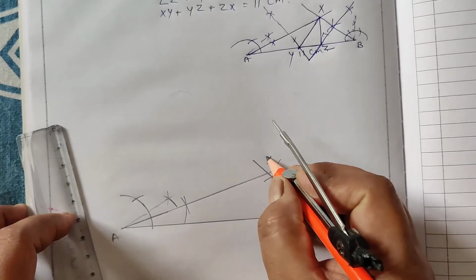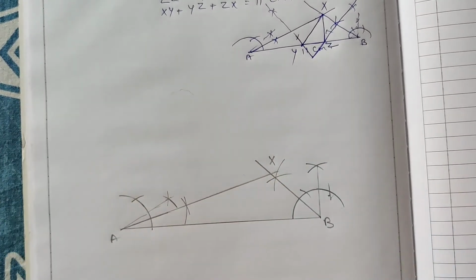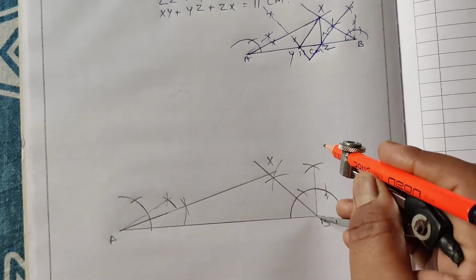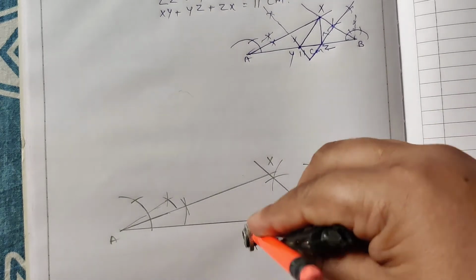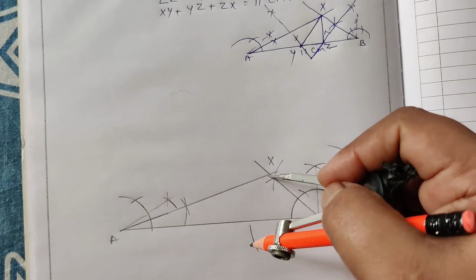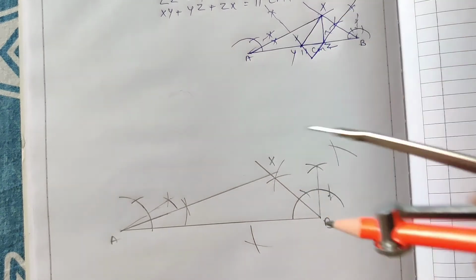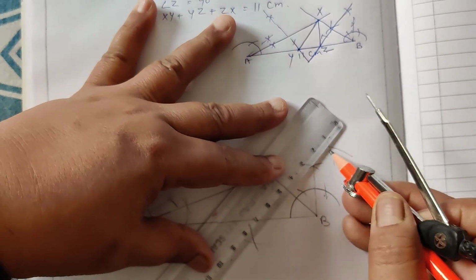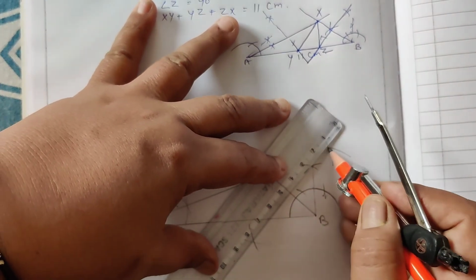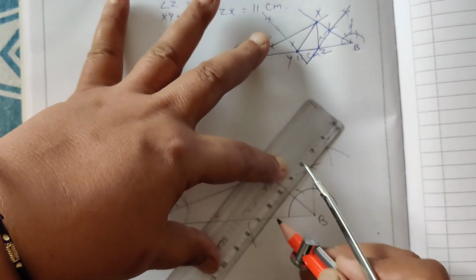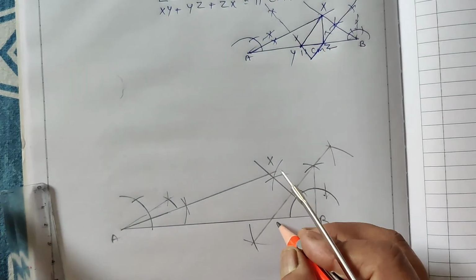This point is X. Now perpendicular bisect BX, from B and from X, equal arcs from B and X, and produce. This point is Z.